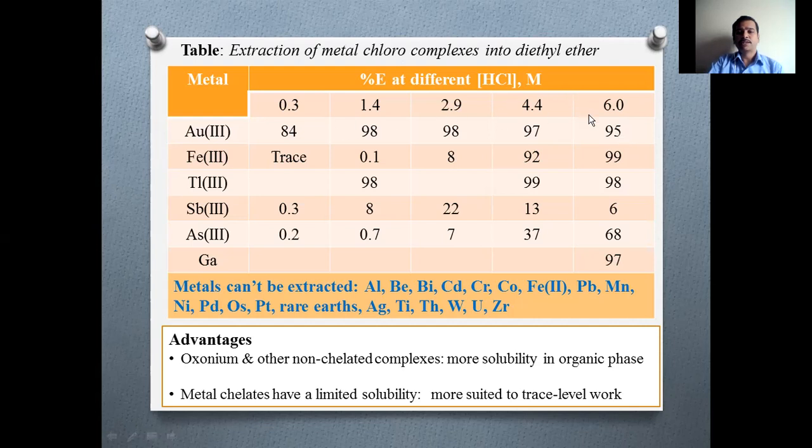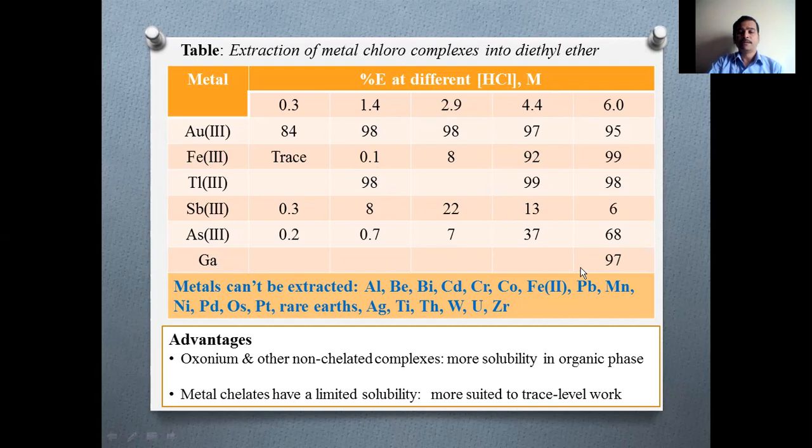So as the acidity is increased, we can also expect variation in the extraction efficiency. If you see here, thallium-3, 98% will be extracted at 1.4 molar acid, but 99% can be achieved when you maintain 4.4 molar hydrochloric acid concentration. If you look at gallium, similarly, I have presented other metals.